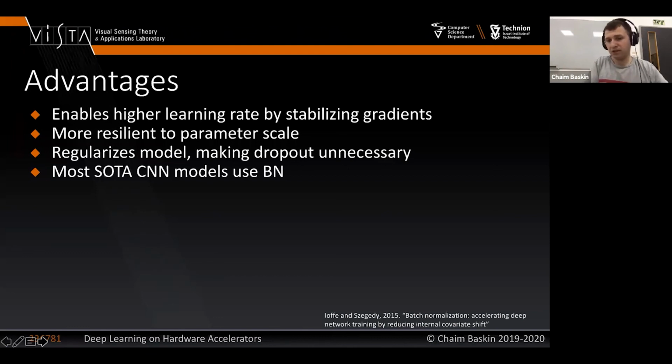Once batch normalization was proposed, dropout was no longer needed, because batch normalization brings all the benefits that dropout had, and much more. Most convolutional methods that achieve state-of-the-art accuracy use batch normalization.